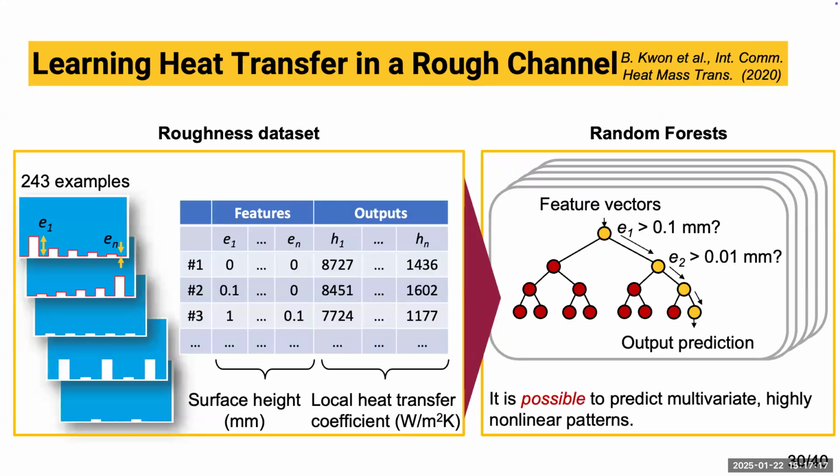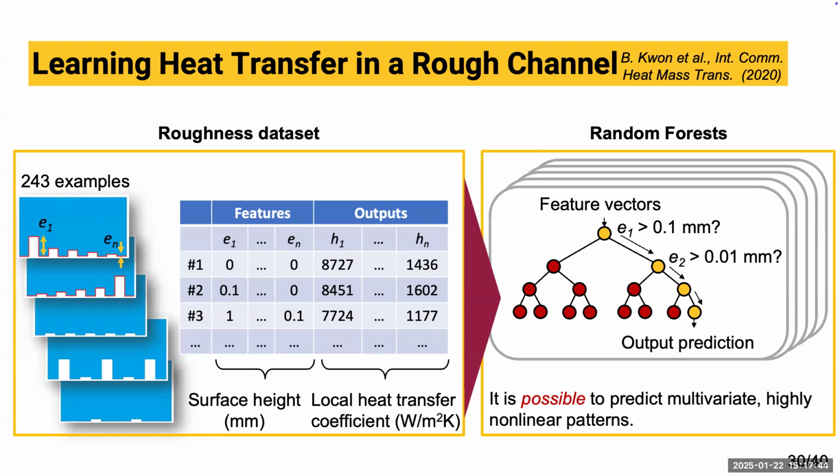So the goal of this work was to develop a machine learning technique that can mathematically express the convection coefficient distribution for many different scenarios. And in this work, we succeeded in expressing 243 different rough channels using a single machine learning model.